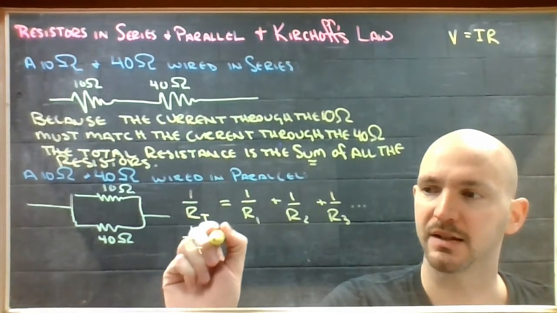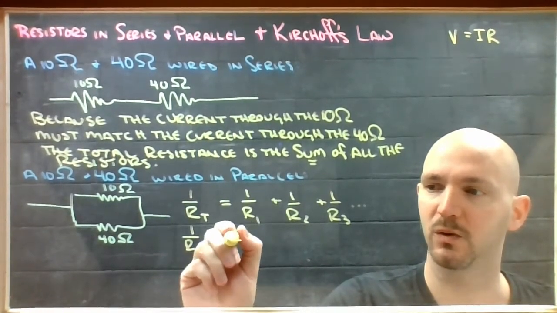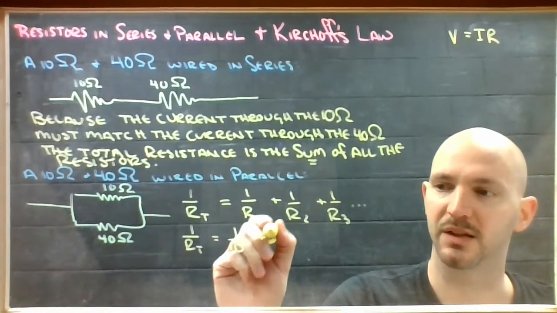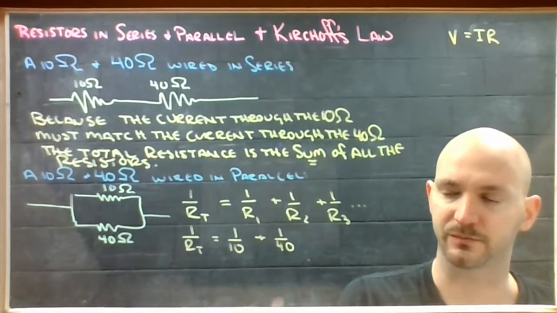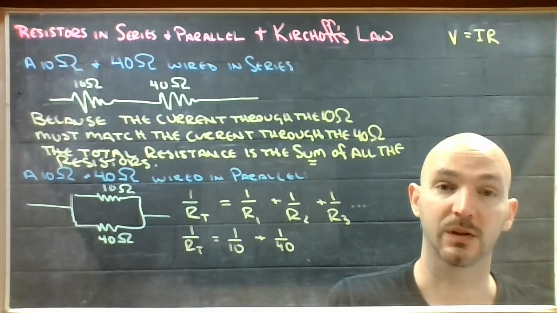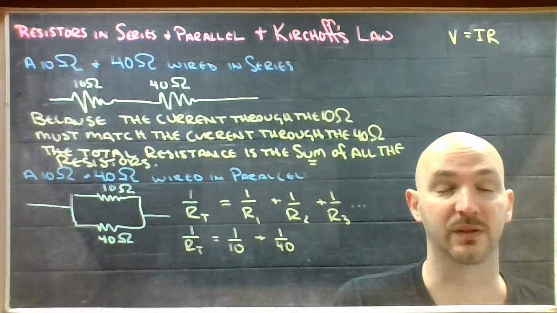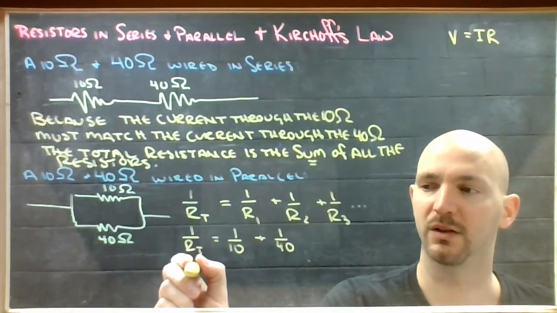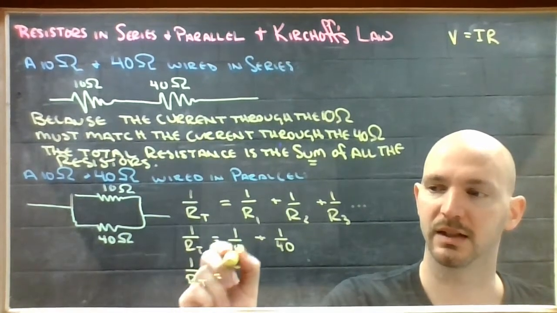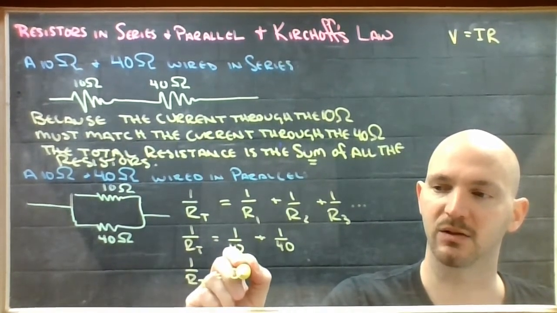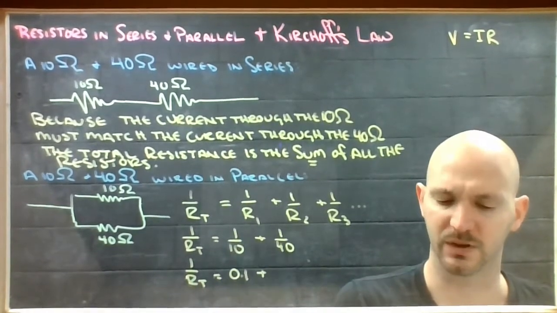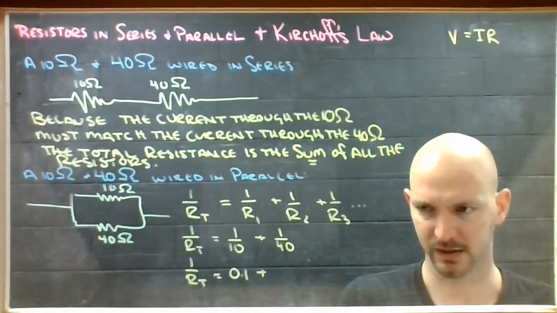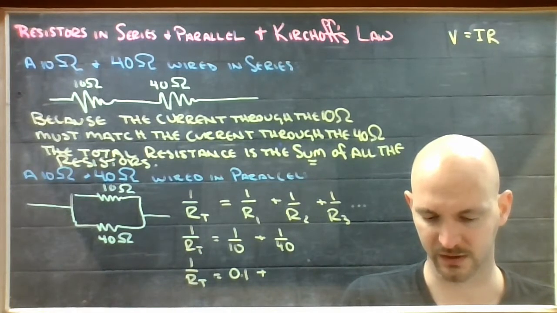My total resistance would be 1 over 10 plus 1 over 40. Now, if you're the kind of person who finds fractions a little stressful, that's okay. You can just go to decimals. 1 over R_T is 1 divided by 10 is 0.1, and 1 divided by 40 is 0.025, I think.